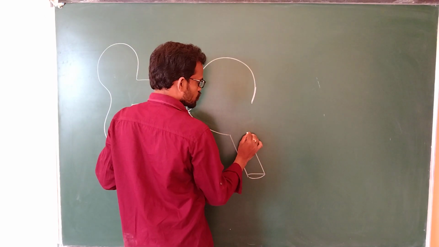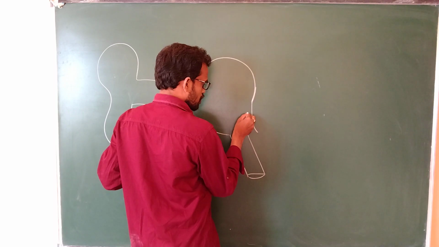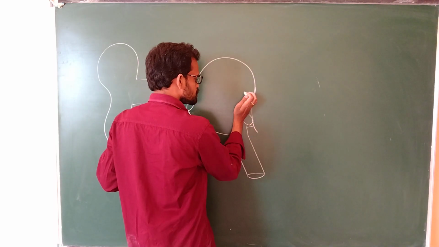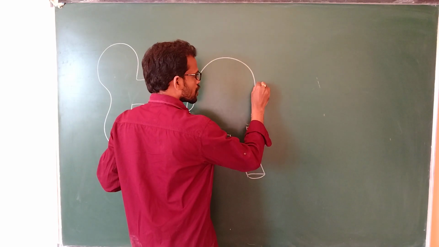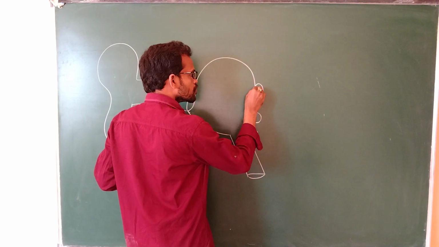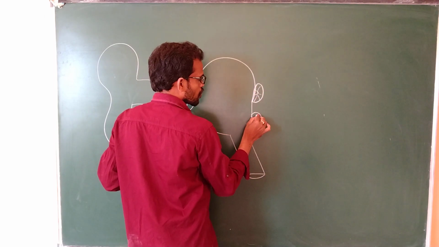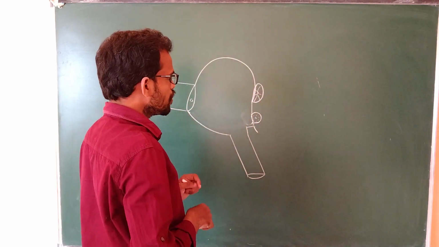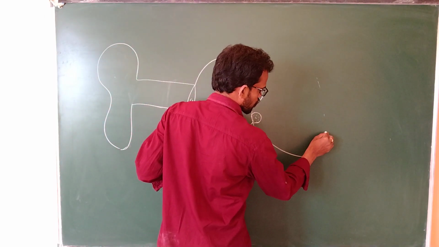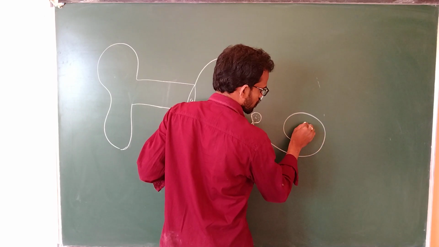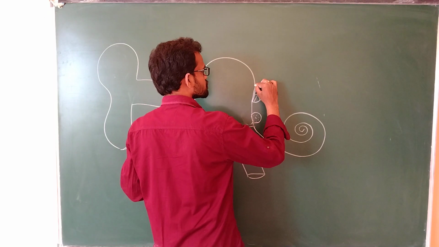The eustachian tube is open into the round window, oval window, round window. This round window is a cochlear part.